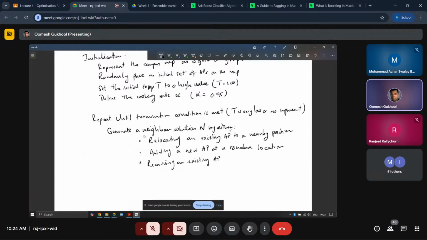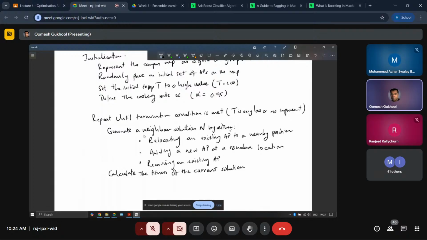Then once we've done the generation, we calculate the fitness of the current solution. We can use the objective function to do that.